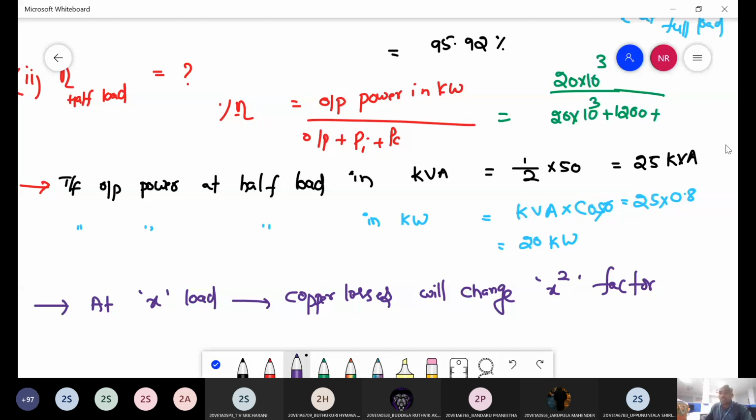So how much is it changing here? Since the load is half, it is (1/2) whole square into 500. Calculate it.